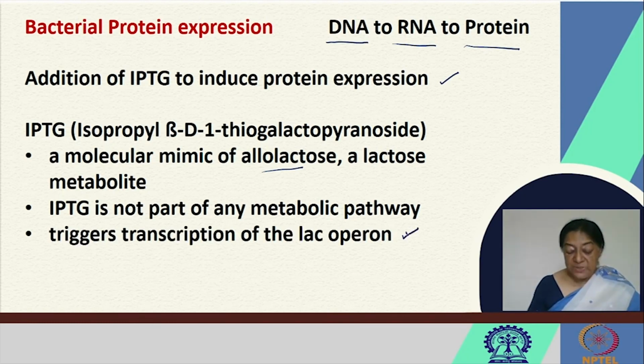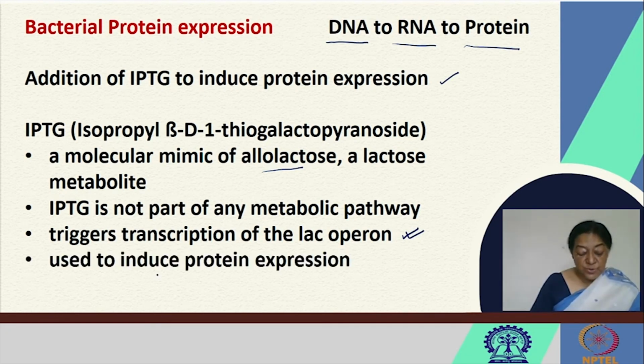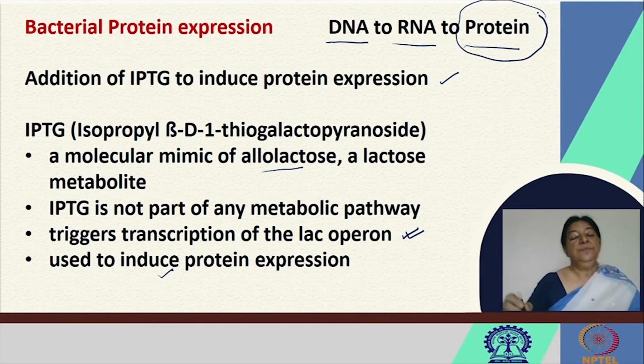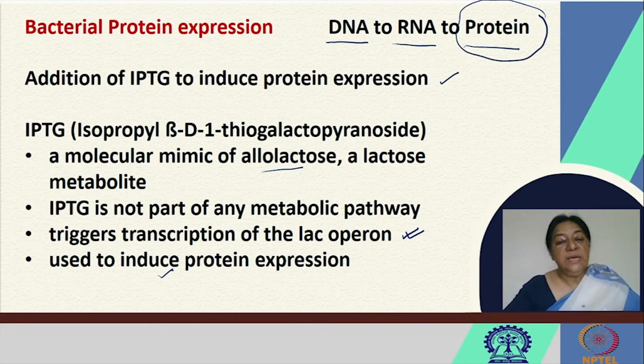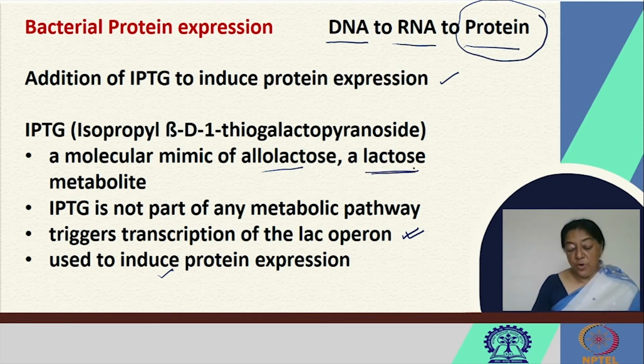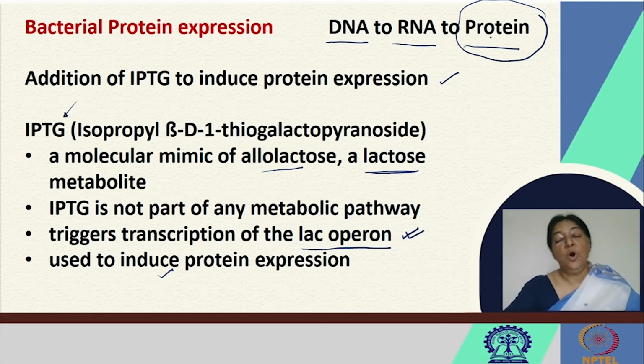It helps to trigger the transcription process of the lac operon, which is required for protein expression. This induces protein expression, giving us our protein of interest. So in a sense, we are mimicking lactose to trigger the lac operon using IPTG, resulting in the protein being expressed.